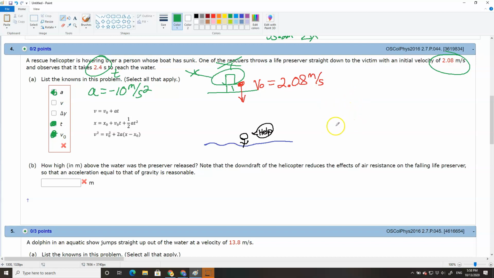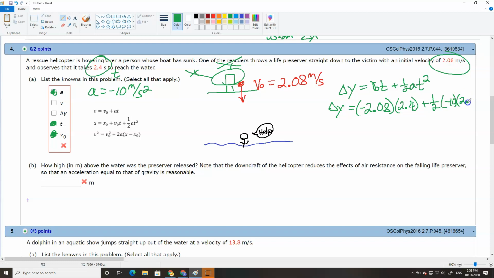So if I want to find how high the helicopter is, I'm going to go delta y is v naught t plus 1/2 at squared. The number one mistake that people make in this is they do not make the 2.08 negative. It's negative because they are throwing the life preserver downwards.